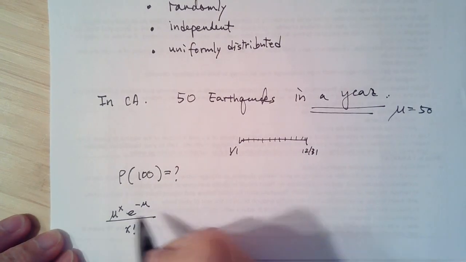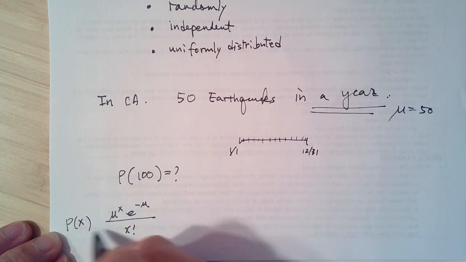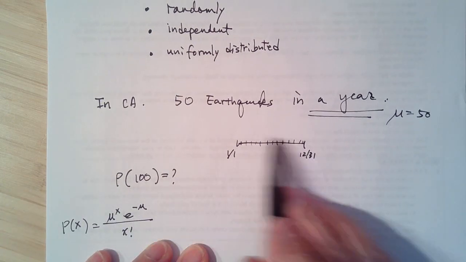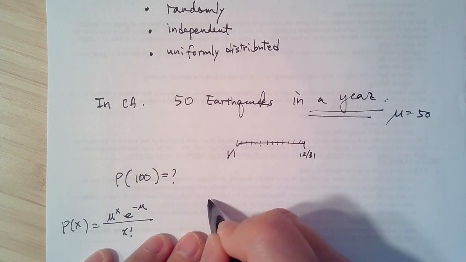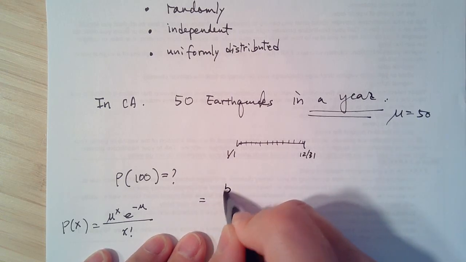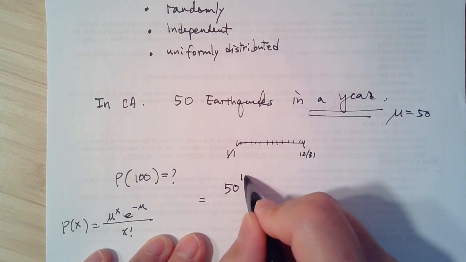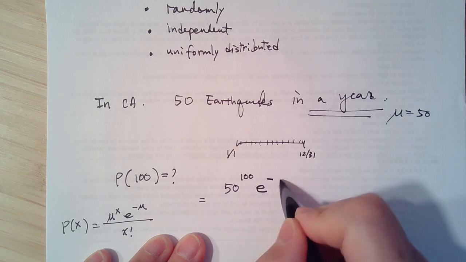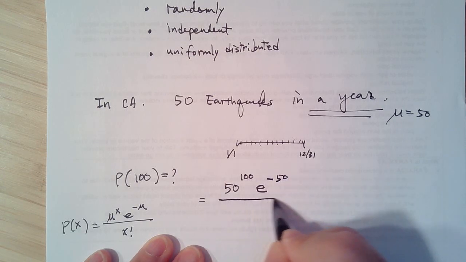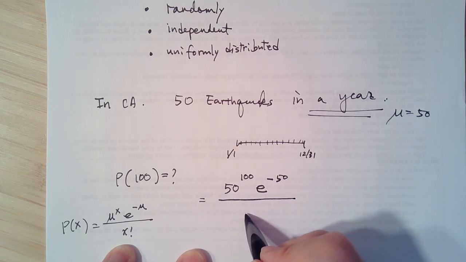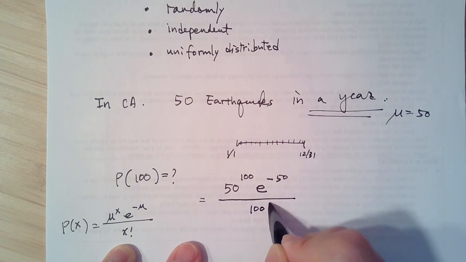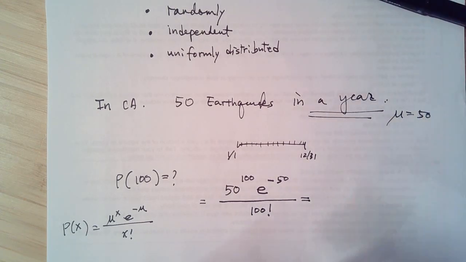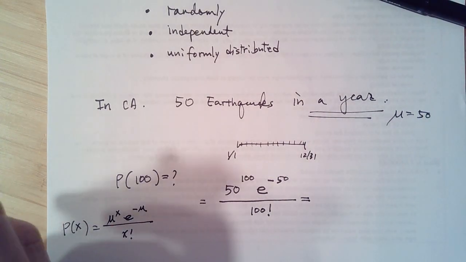In our case, we're looking for p of 100, and mu is 50. So that would be 50 to the power of 100, times e to negative 50, over 100 factorial. I don't think you can do anything by hand. You have to use your calculator. Let me show you how to use the calculator here.